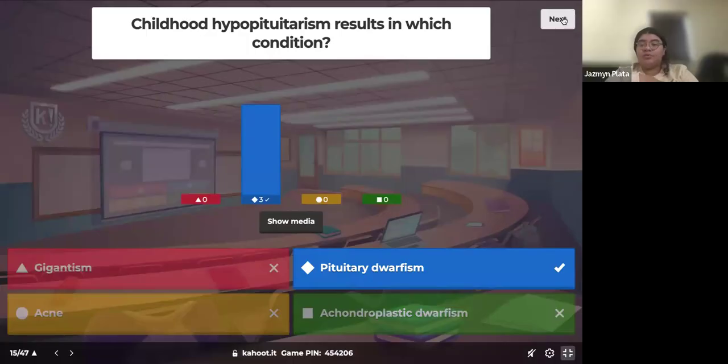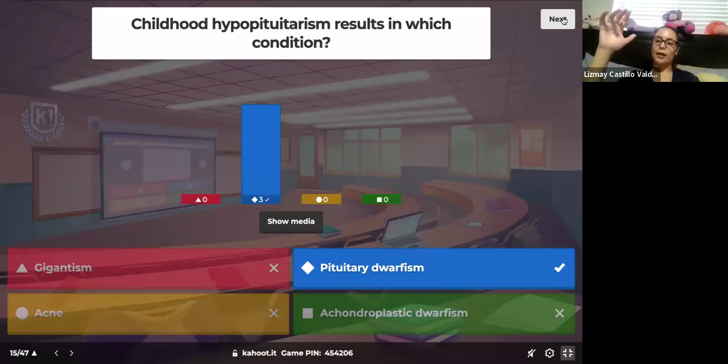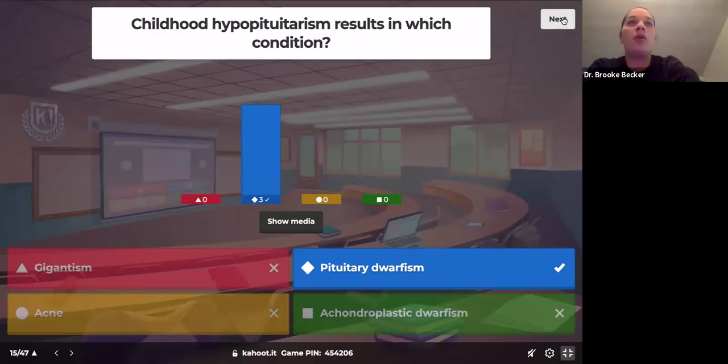Like they won't grow. They'll stay small. Yep. They might start maybe a little elevated, like they might start on their growth curve at like 2% or something. But then they keep dropping off of their growth curve. So maybe they were on the chart, right? And then they'll just keep falling down off the chart. Okay, good.